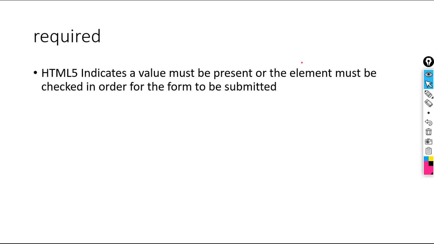HTML5 indicates a value must be present. Value for what? Text field or email field. The value should be there. If it is a radio button or a list, then it should be checked. Correct. In order for the form to be submitted. So for form submission, there should be a value.